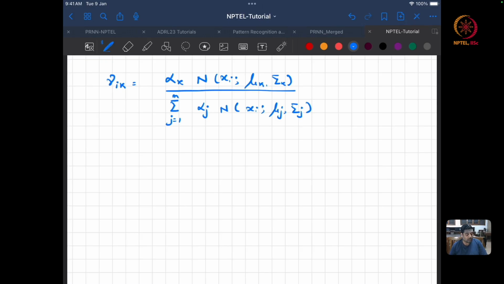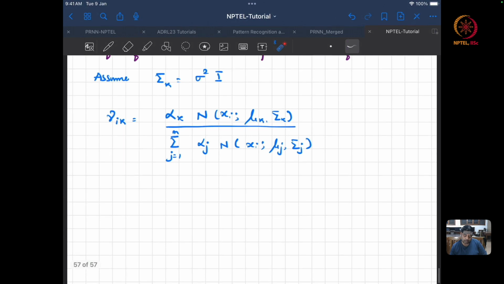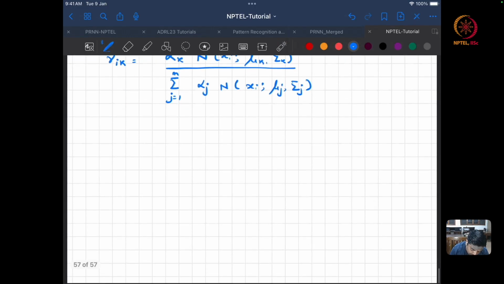Now since this is a scalar multiplied by an identity matrix, we can easily obtain this value.